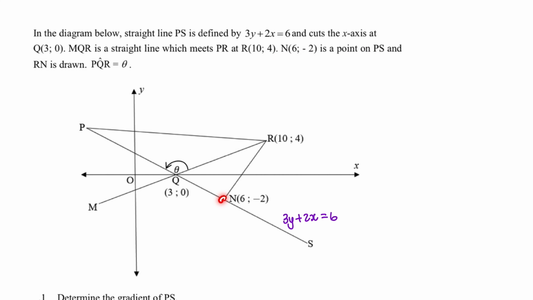So we have N also on the line PS and RN is drawn. So from the point N we also have RN. And lastly we are given that the angle PQR is equal to theta. So that's PQR.